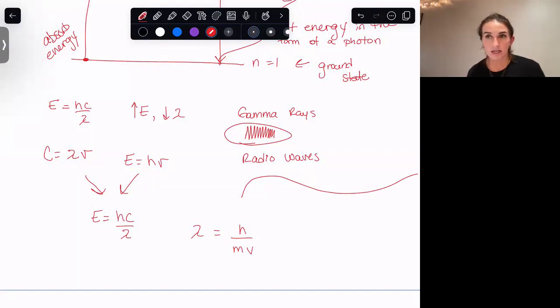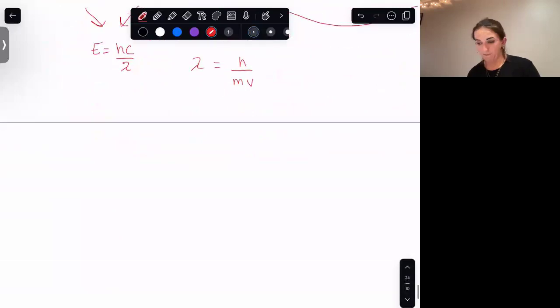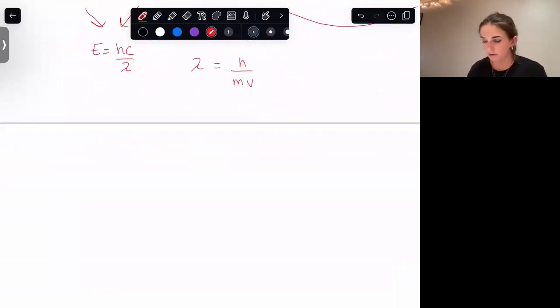Any other questions on light? Okay. Someone asked about IMFs.